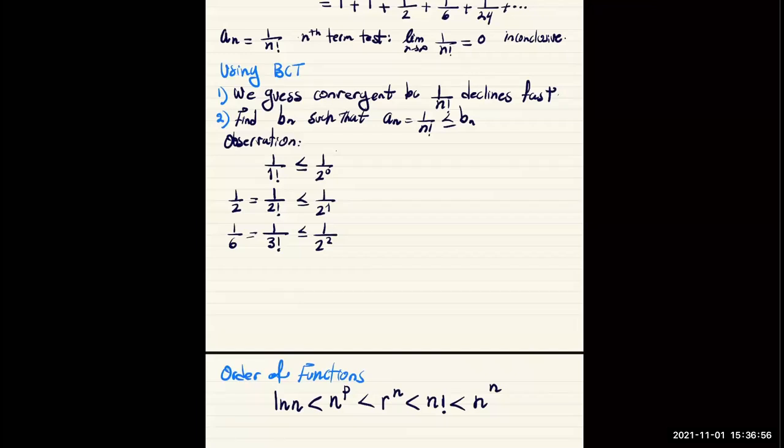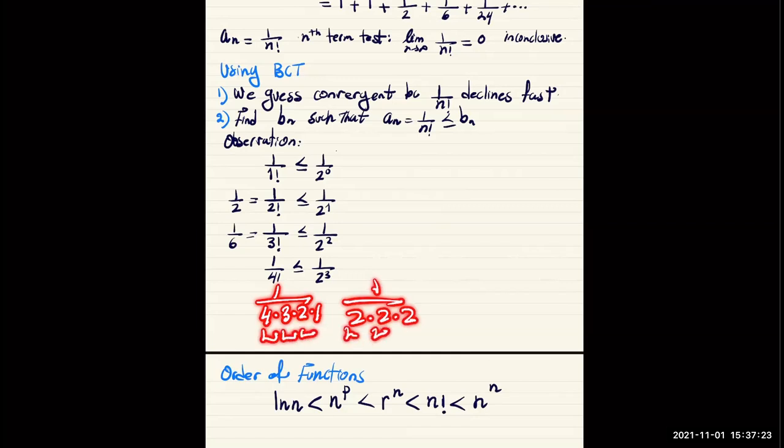You could probably already see the pattern. 1 over 4 factorial is less than 1/2 cubed. 4 factorial is 4 times 3 times 2 times 1, and 2 cubed is 2 times 2 times 2. So every factor here is greater than the corresponding factor there. Therefore, when you reciprocate, you get less. It's just less, not equal. But that statement is true.